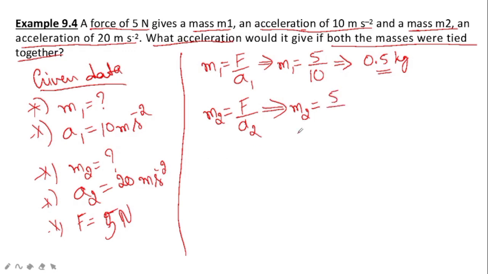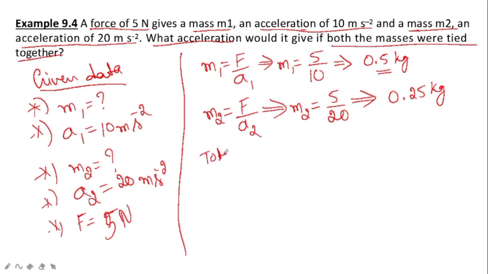What is a? a is 20 meter per second square. So on simplification what we will get? We will get 0.25 kg, right? So now we have the value of m1 and m2, right? So according to this question we have to tie it together, that means m1 plus m2. So shall we add?